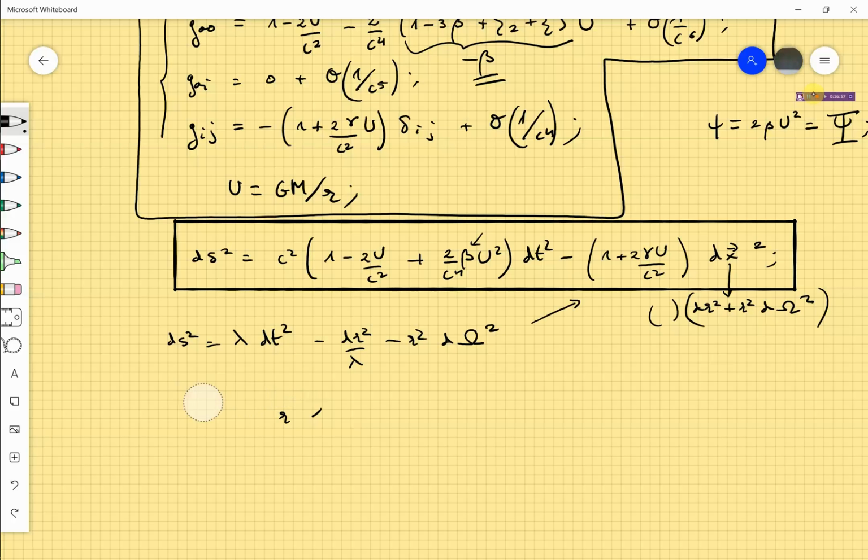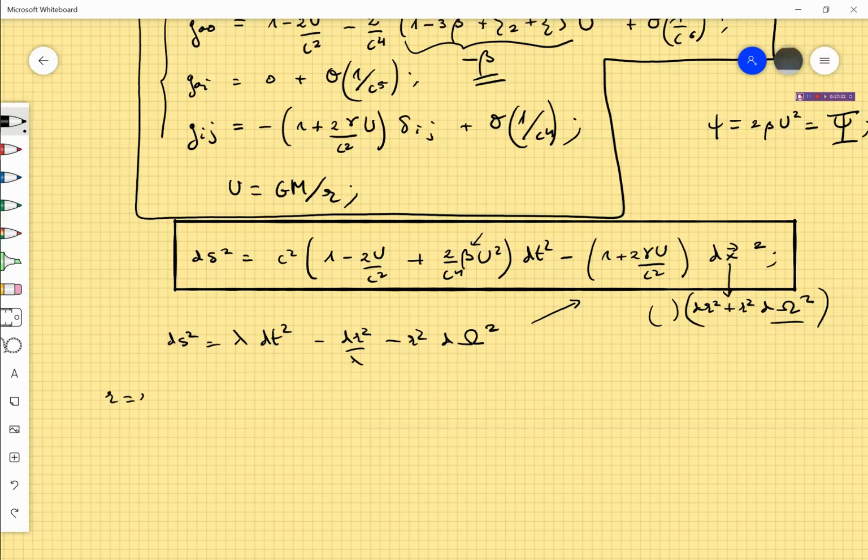Well, you are not going to modify the angular coordinates because you want them to be just the same. So you have to redefine the radial coordinate. You are not going to touch the time coordinate either. Suppose that you introduce a coordinate rho.